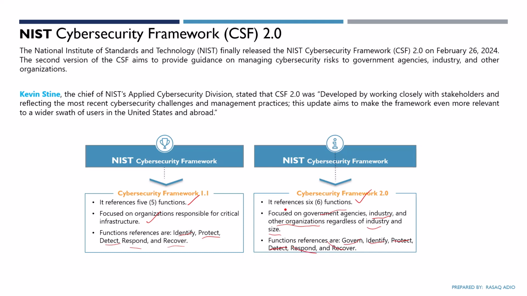One thing we should note about the NIST Cybersecurity Framework 2.0 is that this document doesn't prescribe the specifics of how cybersecurity outcomes should be achieved. That is, we are not talking about a checklist.